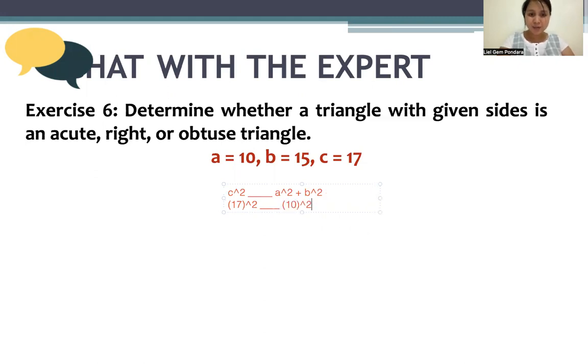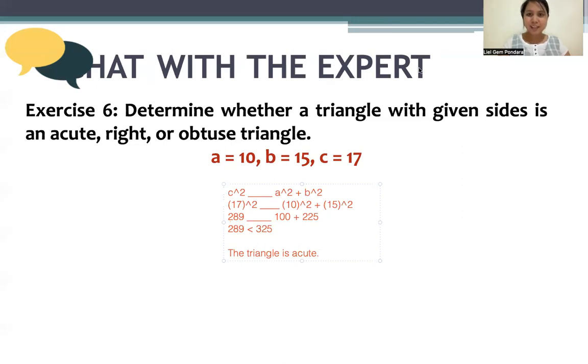Our a is 10 and our b is 15, we also square those. 17 squared is 289. What's the relationship to 100 plus 225? So 289 is less than 325. The square of the longest side is less than the sum of the squares of the two shorter sides. So we say that the triangle is acute.